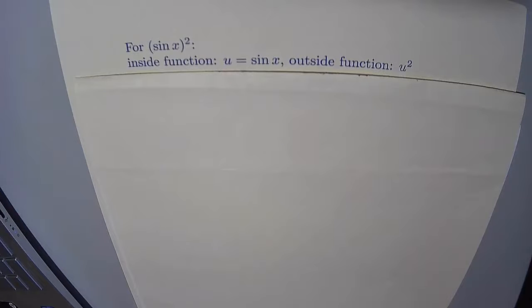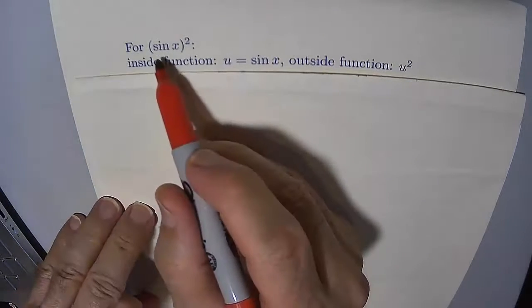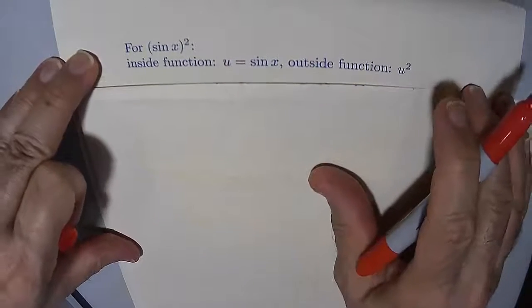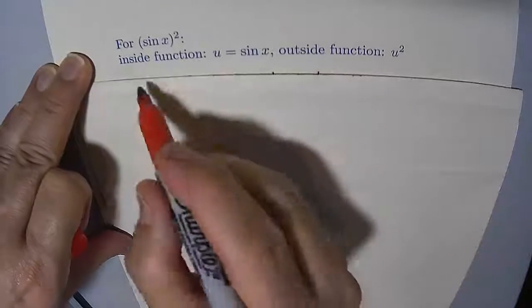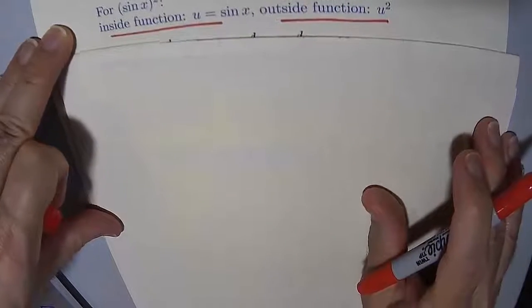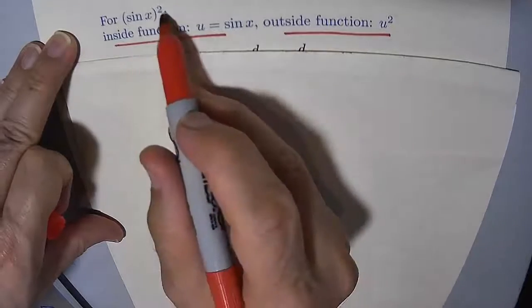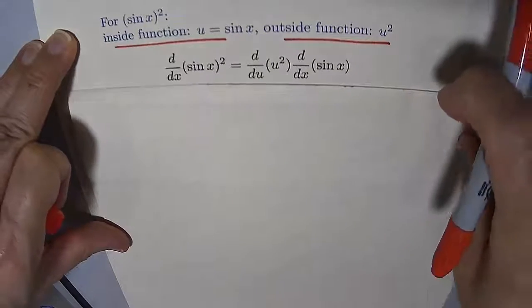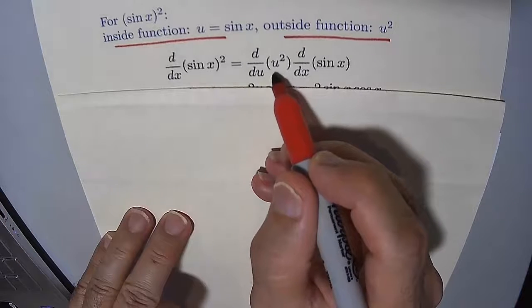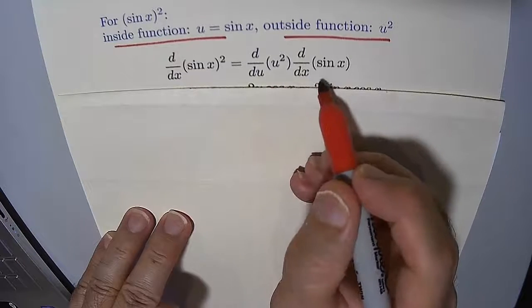Okay, the first term is the square of sine of x. Here the inside function is sine of x. The outside function is just the square function, like this. The chain rule says the derivative of the outside, u squared, times the derivative of the inside.